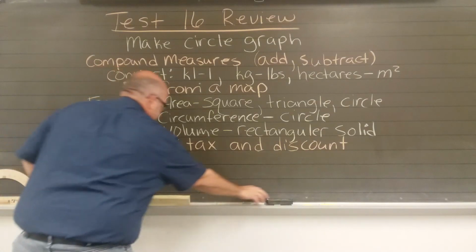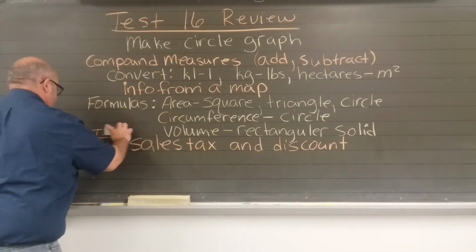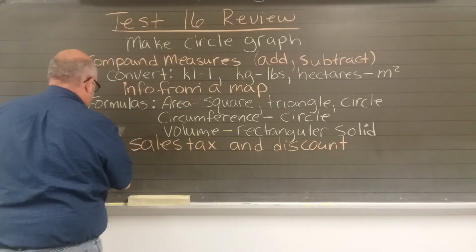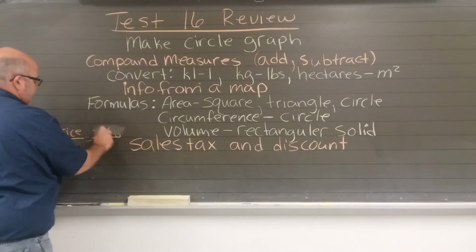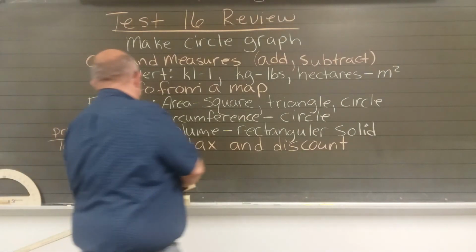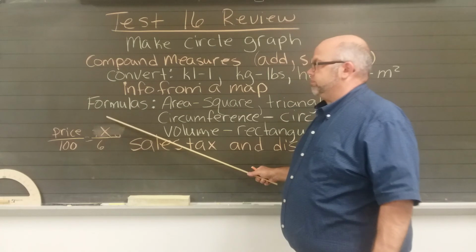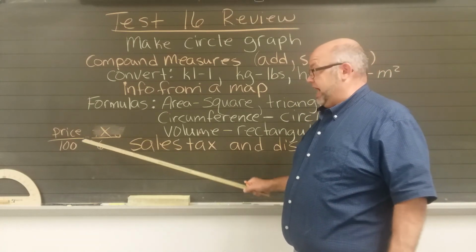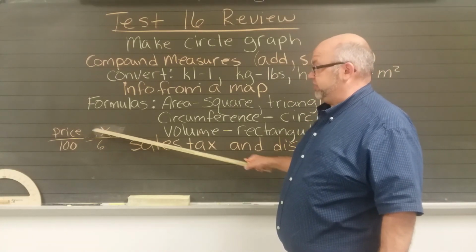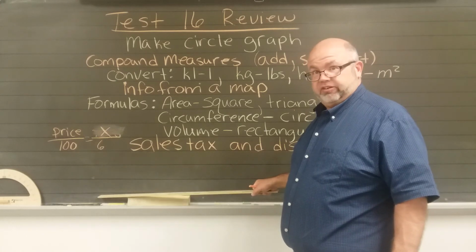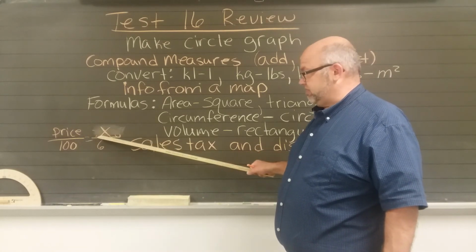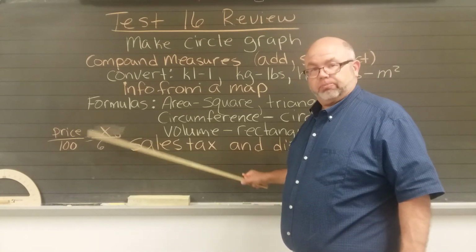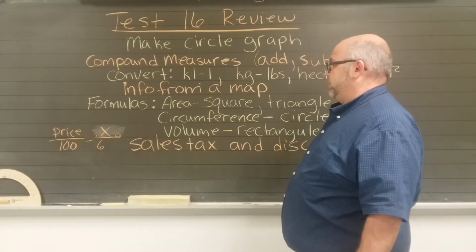Your missing number is either your tax or your discount. If it says sales tax, you add this to the price to get the final price. If it says discount, you subtract that from the price to get the final answer.